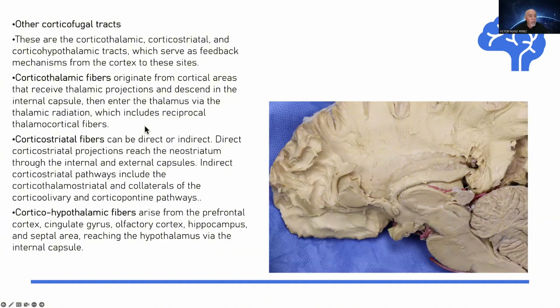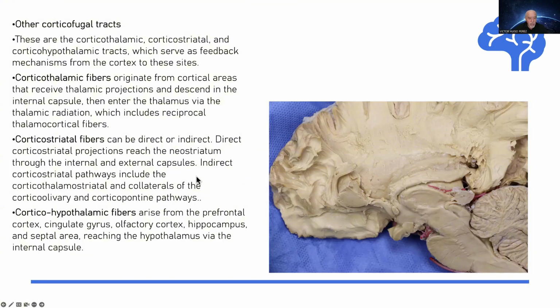So other corticofugal tracts, these are the corticothalamic, corticostriatal, and corticohypothalamic tracts, which serve as feedback mechanisms from the cortex to these sites. Corticothalamic fibers originate from cortical areas that receive thalamic projections and descend in the internal capsule. They enter the thalamus via the thalamic radiation, which includes reciprocal thalamocortical fibers. Then we have the corticostriatal fibers, which can be direct or indirect. Direct corticostriatal projections reach the neostriatum through the internal and external capsules.